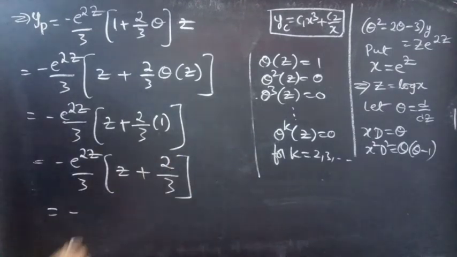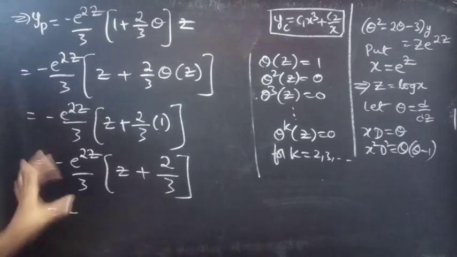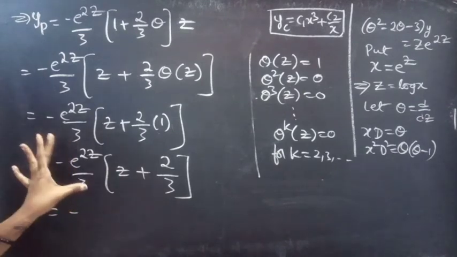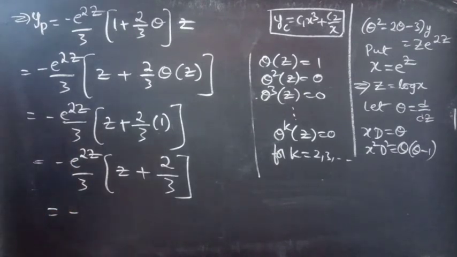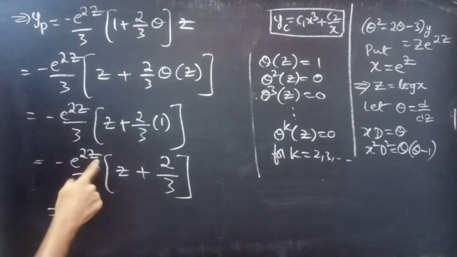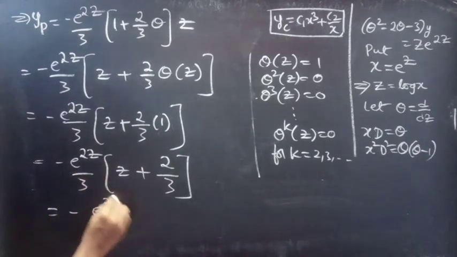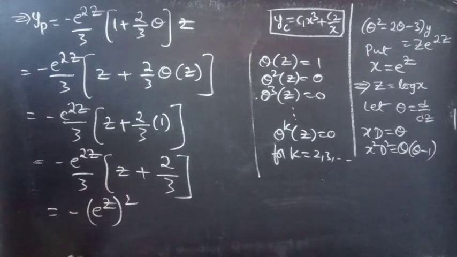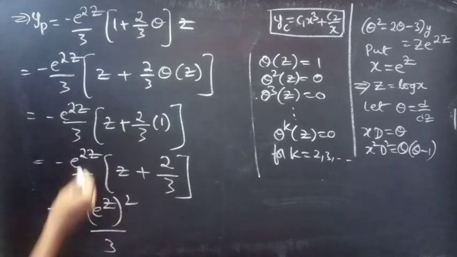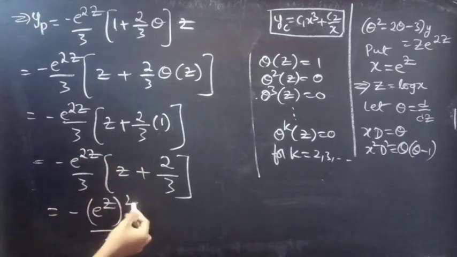Now we need to write all the terms in terms of x, right? We'll change to the variable x. So write e power 2z as e power z whole square by 3, we'll just take this 2 to the power of e power z.